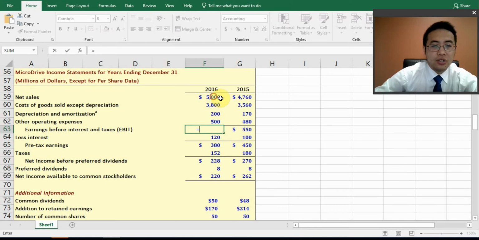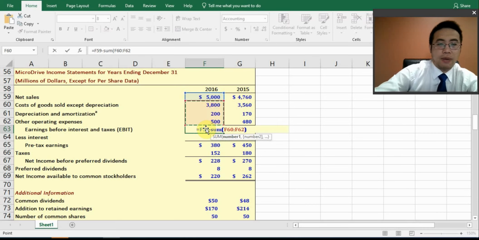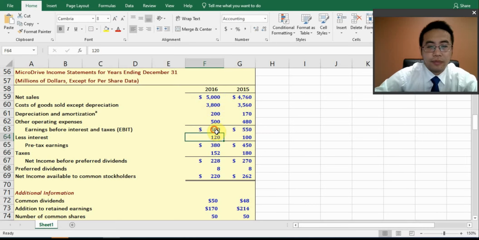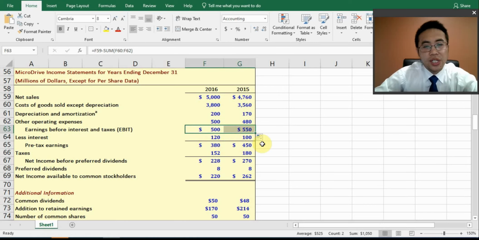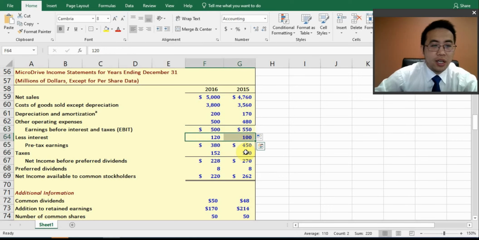So it equals net sales minus the summation of all the other three types of expenses. Okay, then drag it to the right. And you also have interest, and I know that interest is charged upon the liabilities, but we don't have the interest rate, so I can't calculate the interest. So just do nothing for the interest.